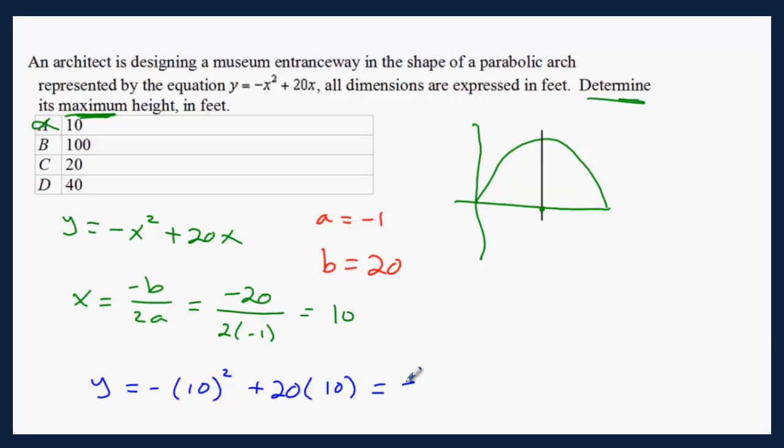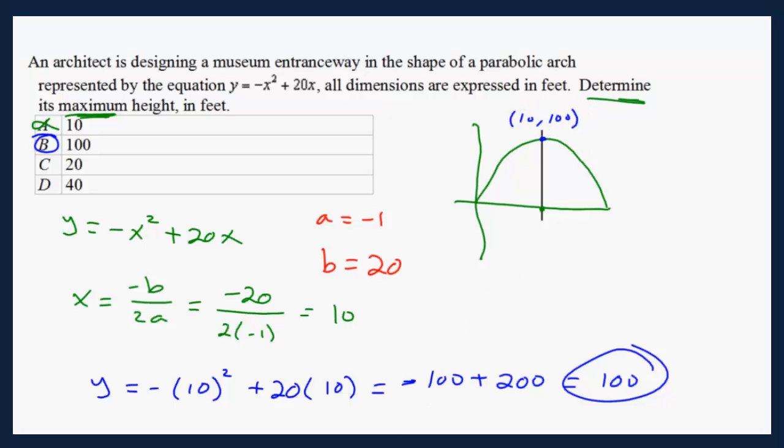That's going to be negative 10 squared, which is 100, negative 100 plus 200, that's going to be positive 100. And that's the answer, choice B, which is this point, the height. So the coordinates of this one is 10 and 100.